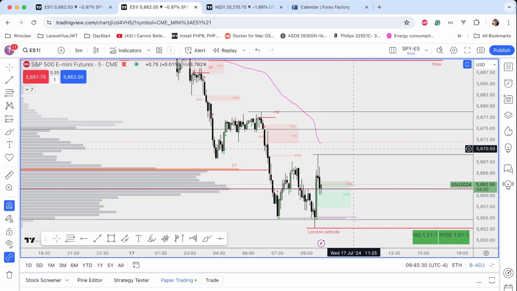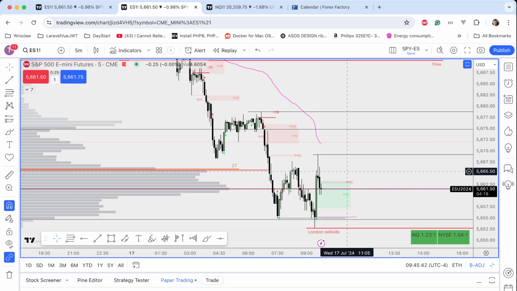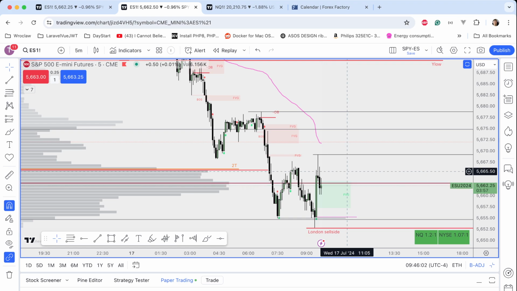Here's the bottom. And we have a range. Well, we're sitting on $700. So we should be patient now.